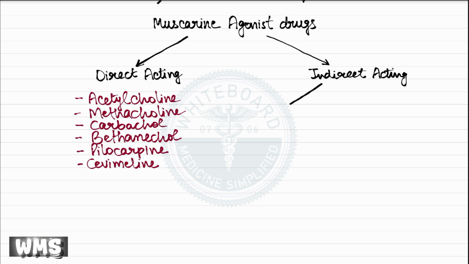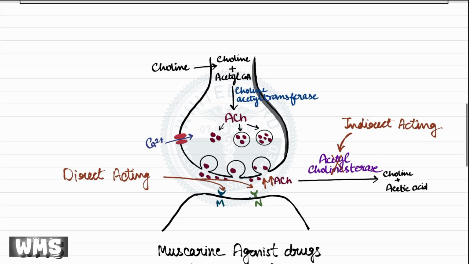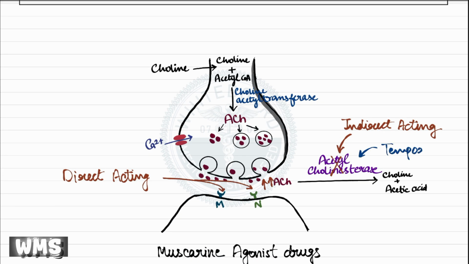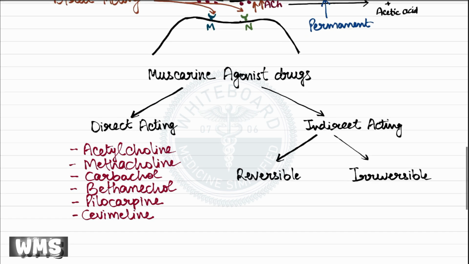Indirect-acting drugs are further divided into reversible and irreversible acetylcholinesterase inhibitors. As the name suggests, reversible inhibitors temporarily block acetylcholinesterase, so acetylcholine increases for some time, but eventually the enzyme becomes active again. Whereas irreversible inhibitors permanently inactivate acetylcholinesterase, so acetylcholine accumulates continuously and produces prolonged cholinergic effects.